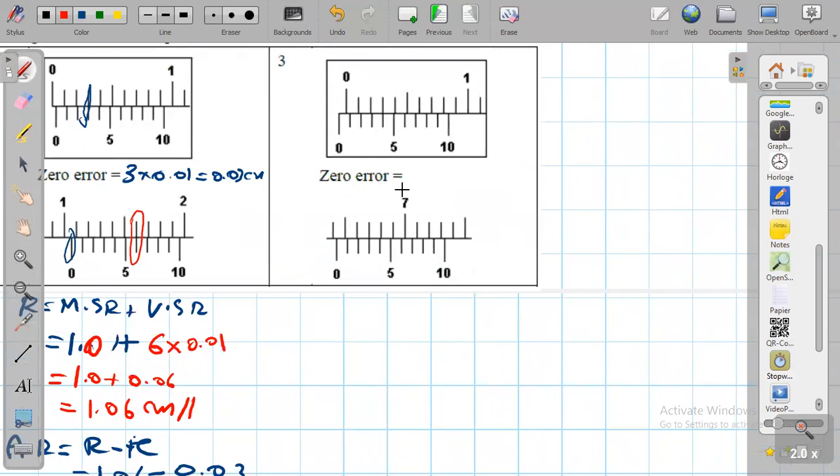What is the negative error here? So the negative error, that means the 10 minus, which line is coinciding here? 4th line. 4 times 0.01. So your answer is like 0.06 centimeter is the reading.